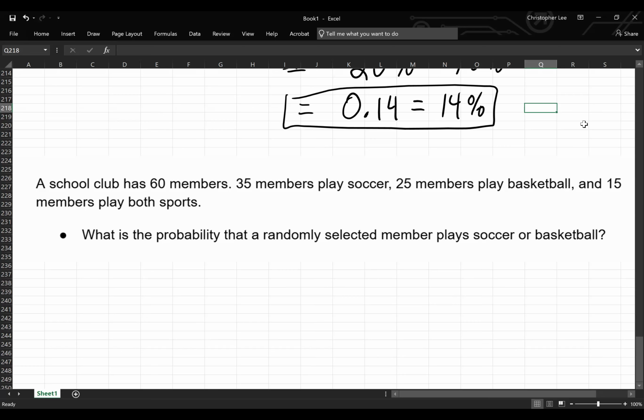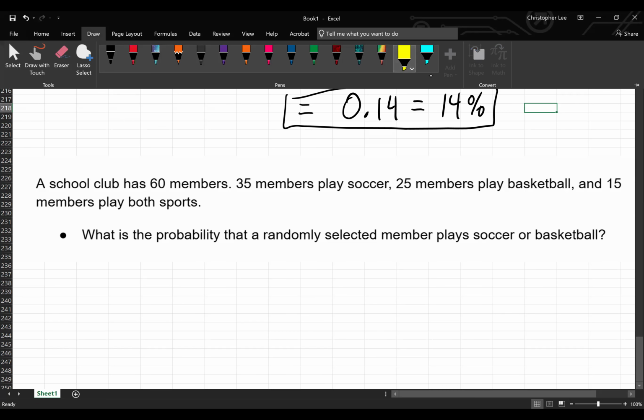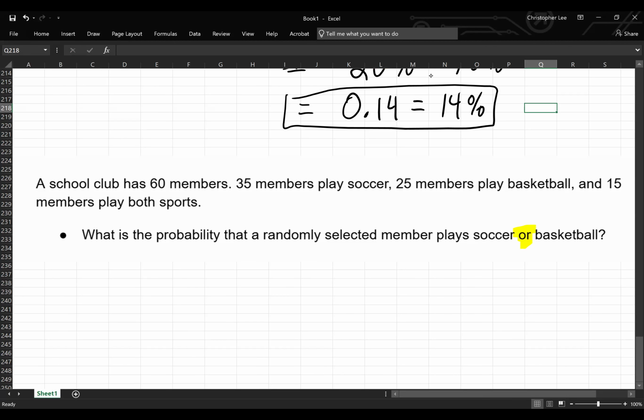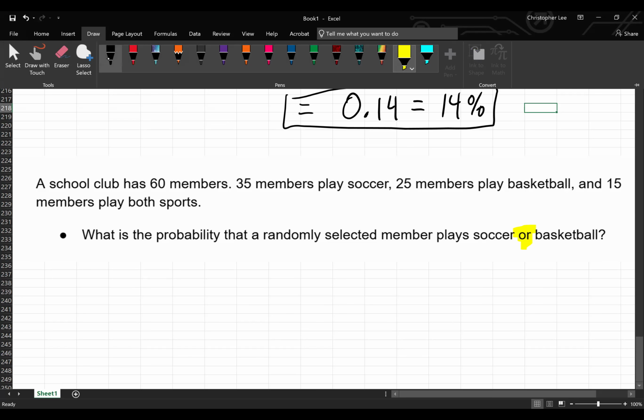Okay, so P equals P. So we all agree, right? This is gonna be an or question, right? Because of the or in the question. So we start off with the formula.